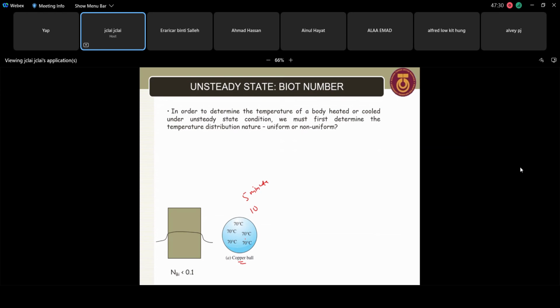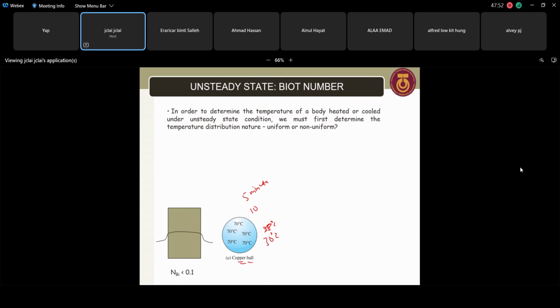I want to know, under the cooling situation, how much time will be taken in order to cool the product from 70 degrees Celsius to 25 degrees Celsius, or maybe to 30, so that I can pack it.